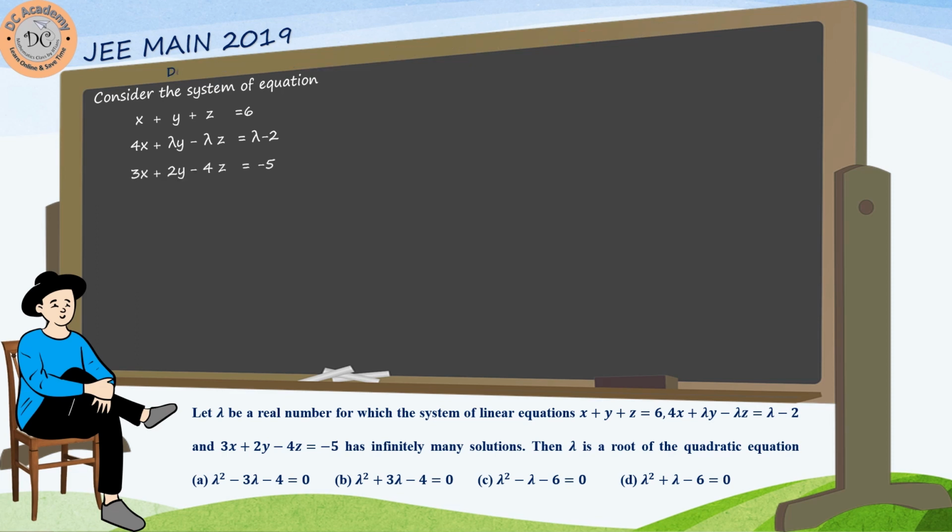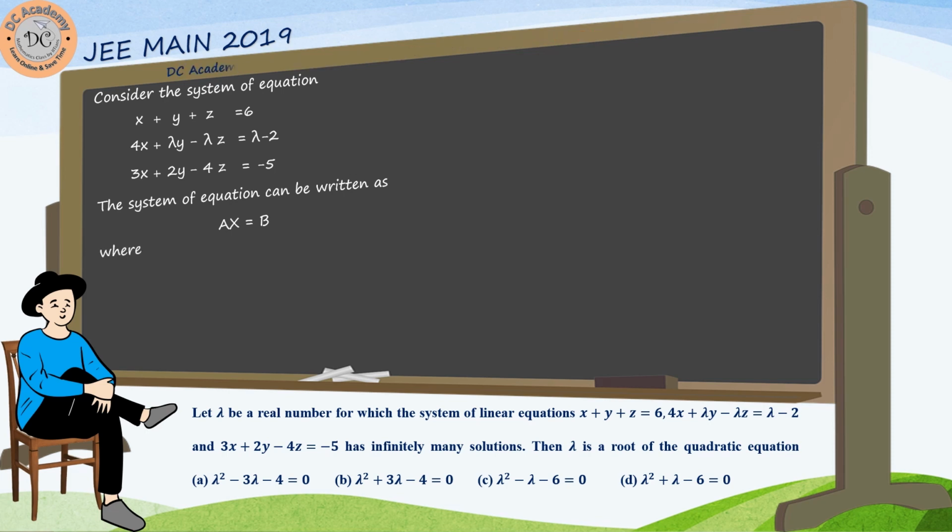Now when we get such equations, they can be rewritten in matrix form as AX equal to B, where A, X and B are matrices. A is the coefficient matrix, of order 3 cross 3. X is the matrix of order 3 rows, 1 column. B is also 3 rows, 1 column.